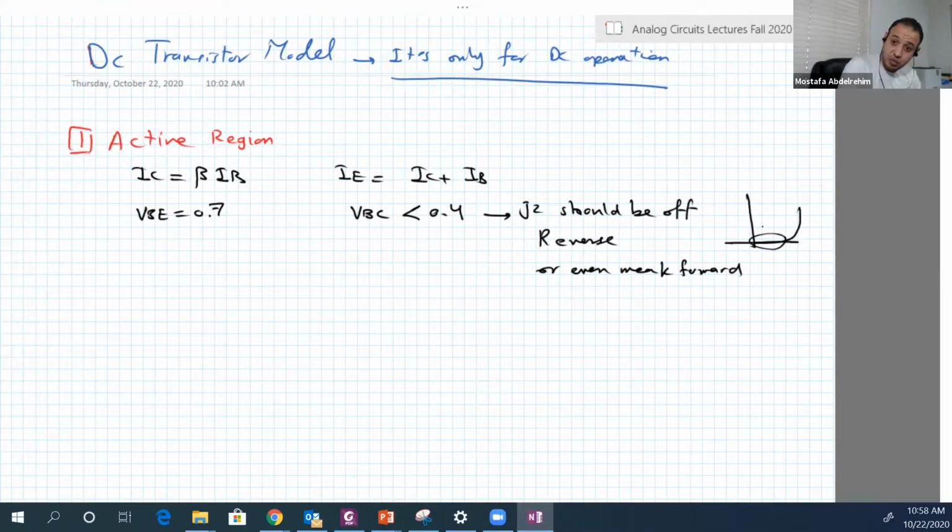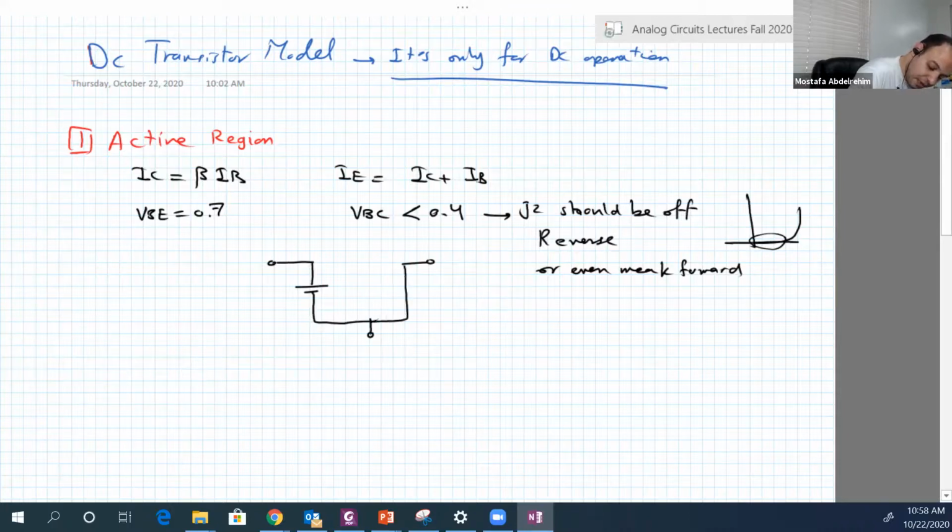Is there an equivalent circuit for it? Yes, there is an equivalent circuit. Let's draw it. We have again the three terminals. You can replace the transistor with these three terminals. This is IC, and this is 0.7. It's equal to beta IB.